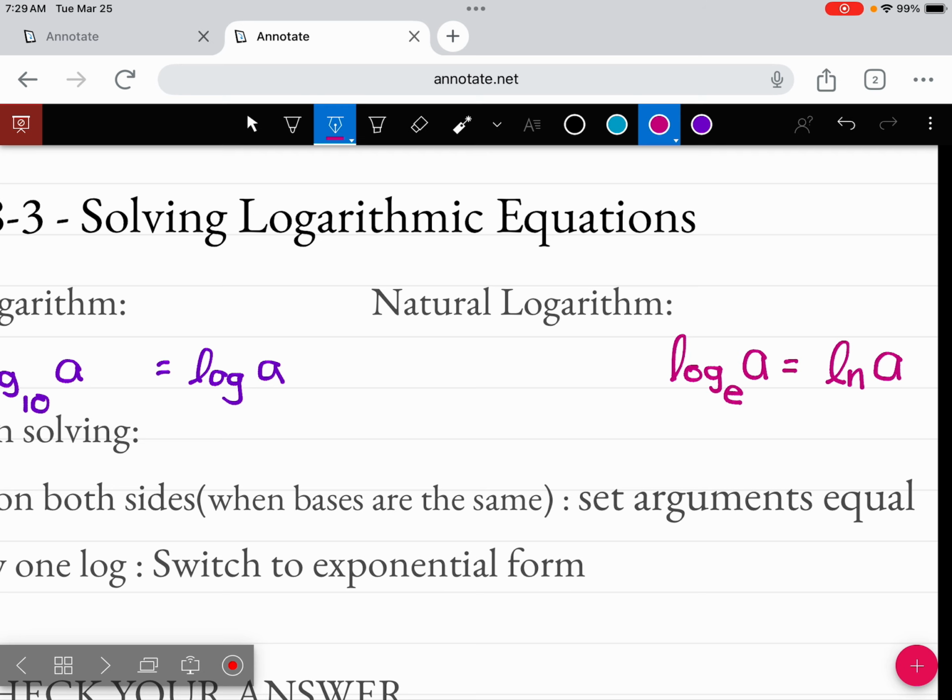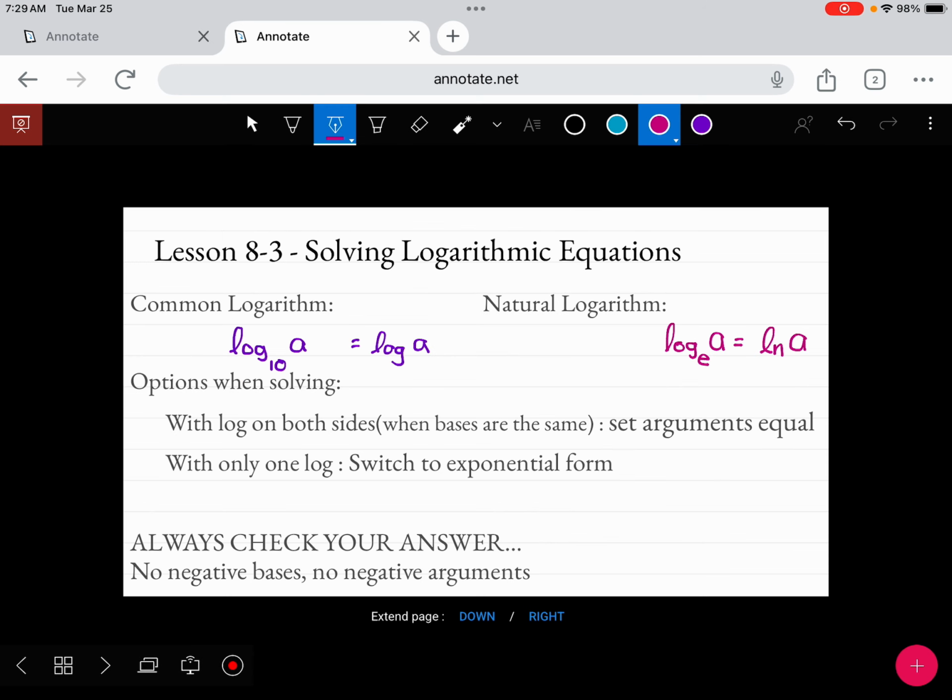And then when we're looking to solve things, there's a couple of different kinds of problems we're going to see. We're going to see logs on both sides, and we're going to see when they have only one log. When there's logs on both sides and the bases are the same, which we should at this point only see bases be the same, I will tell you when we're going to not, what we're going to do is very much like how we did it in the bell work, where once our bases were the same, we only looked at the exponents.